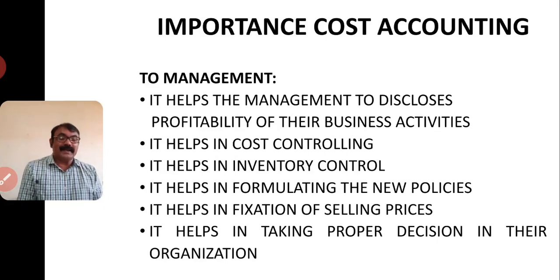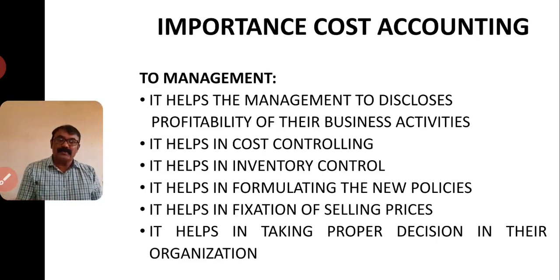Hence, it can help the management to take vital decisions if any department, job, or process discloses any loss. Then they can take corrective measures. Certain departments have been divided.